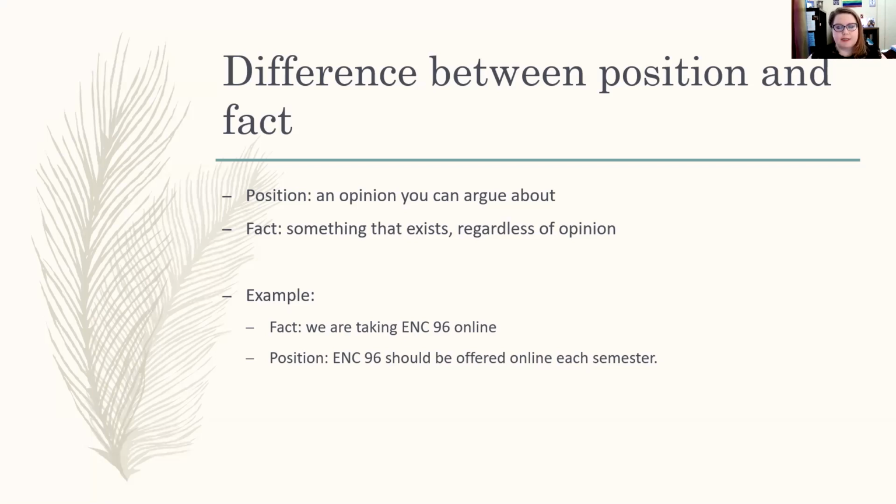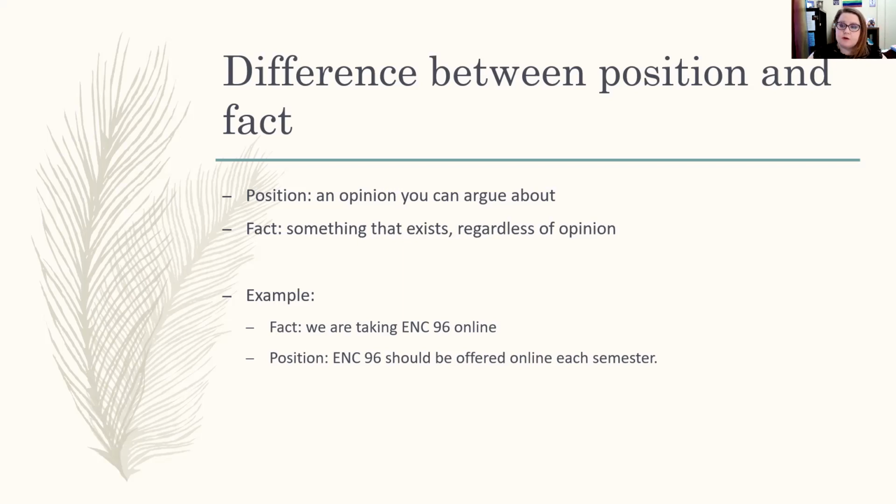And it'd be kind of boring, although it would make life a lot easier for a lot of marginalized communities. But basically, a position is something you can argue about. It has an opposing side. You may think that opposing side is completely wrong or ignorant, but it has to have an opposing side. And a fact is something that exists regardless of opinion. So a fact: we're taking ENC 96 online. It is what it is.